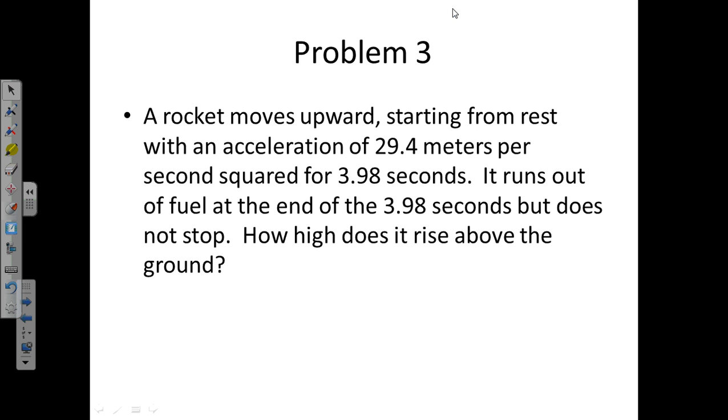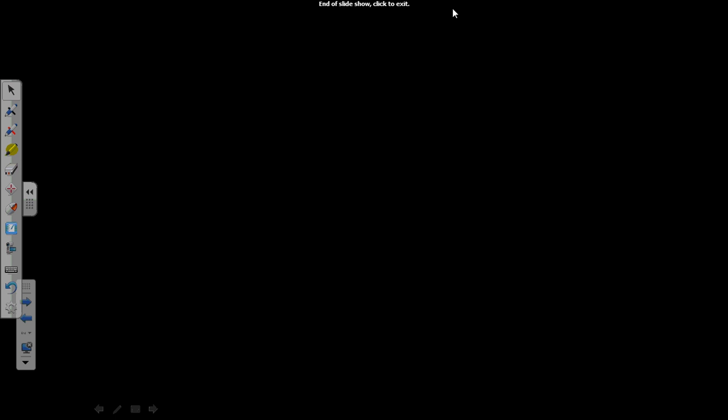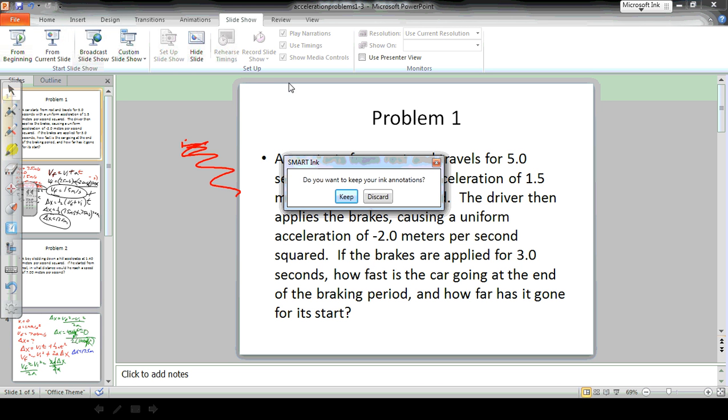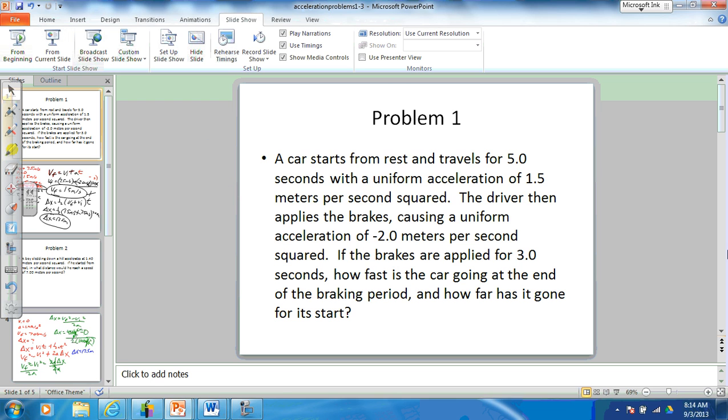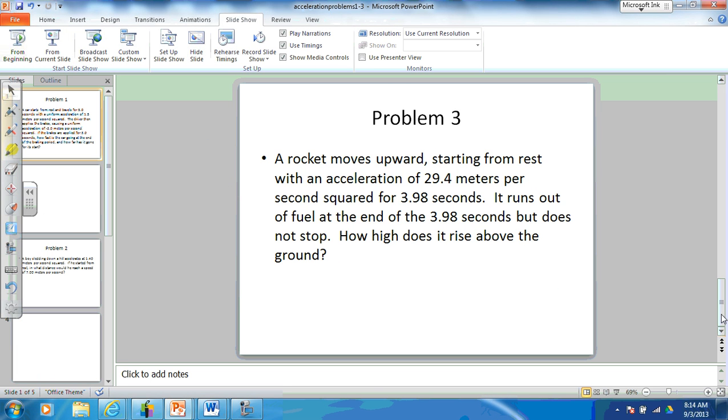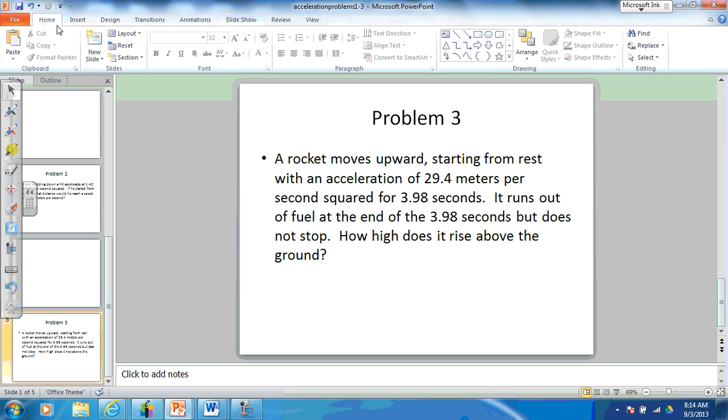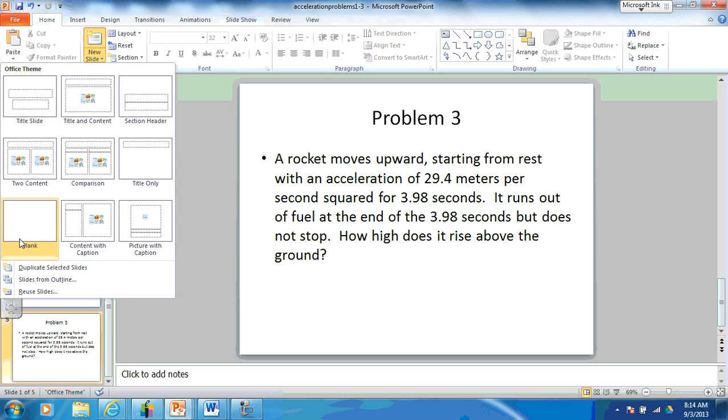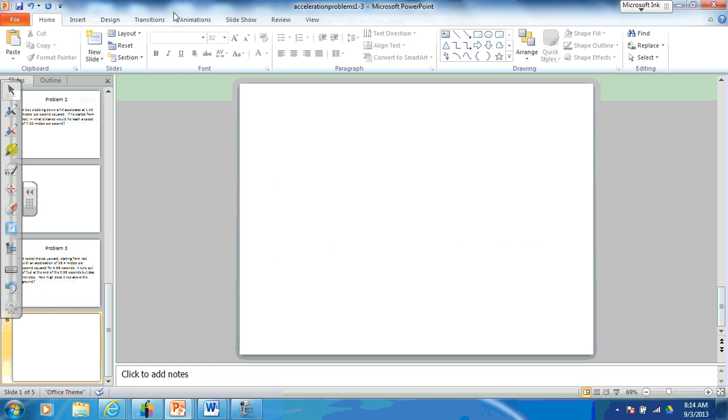Let's put a blank slide up here so we've got some room. All right, so let's just work the engine's own part first. Engine's own.